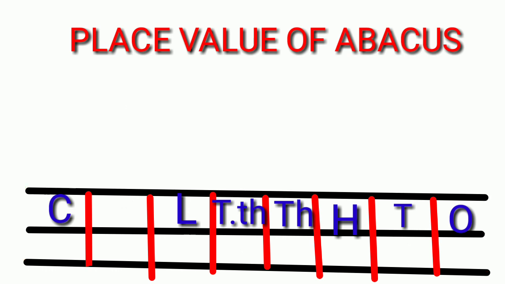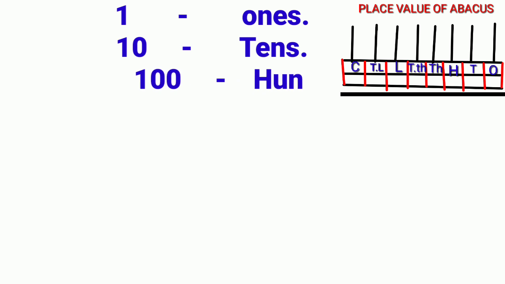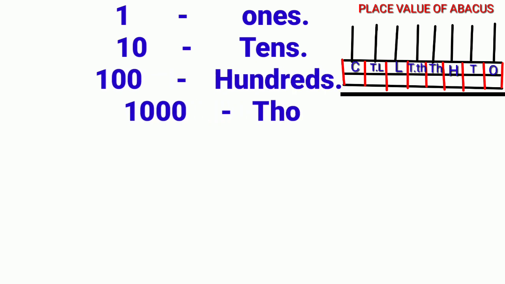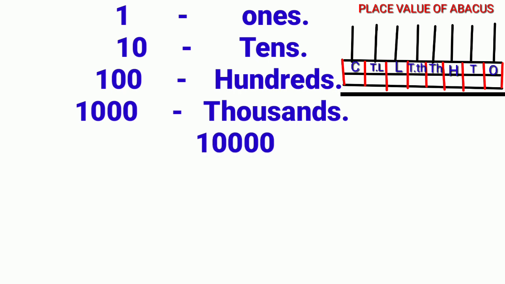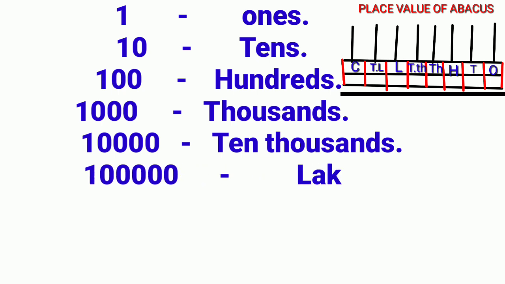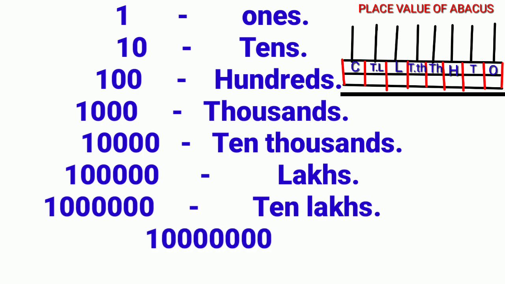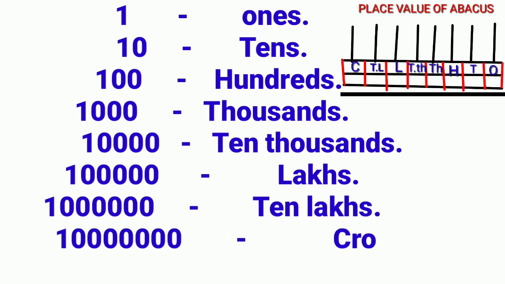Now see the spelling of ones to crores. Ones, tens, hundreds, thousands, 10,000s, lakhs, 10 lakhs, crores.